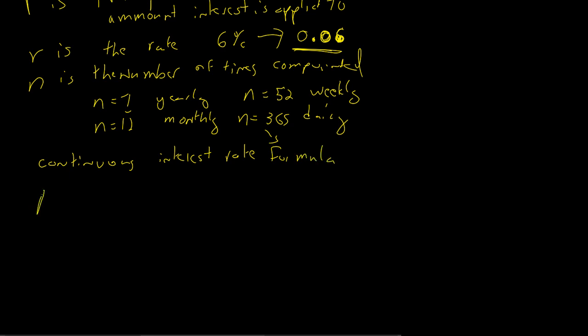That's your amount in the bank is equal to your principal times e to your rate times time. It's an exponential function. Your rate is determining how often you're approaching your amount, and it processes your time, so to speak.